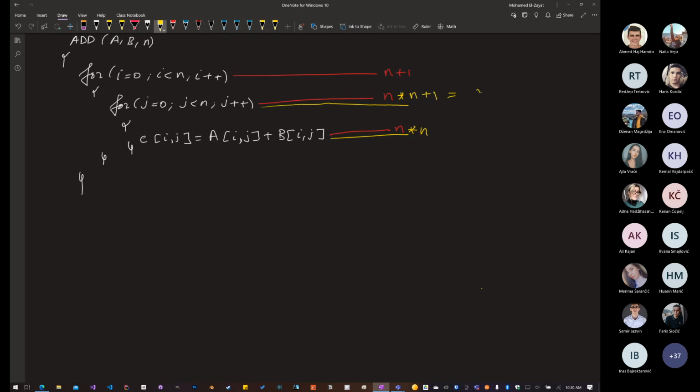Oh boy, the glitch is strong with this one. N squared. Oh wow, sorry. N squared plus n, and this is going to be n, and this is going to be n squared. So we are ending up with 3n squared plus 2n.